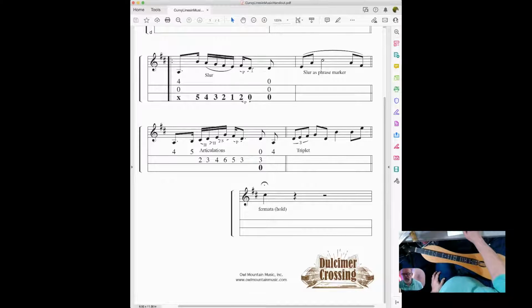It's both here in the musical notation and in the tablature so that you don't miss it. On this line, there are two other articulations besides the P. There's a hammer-on, an H, two H's, a slide, and then a pull off.